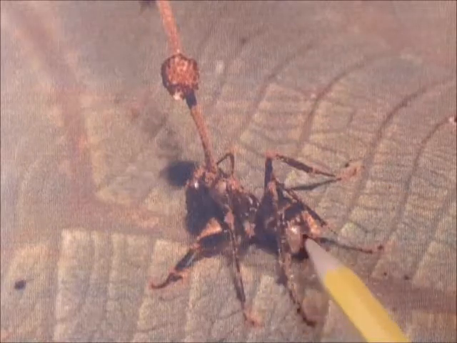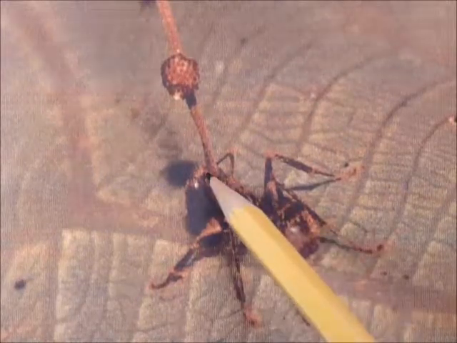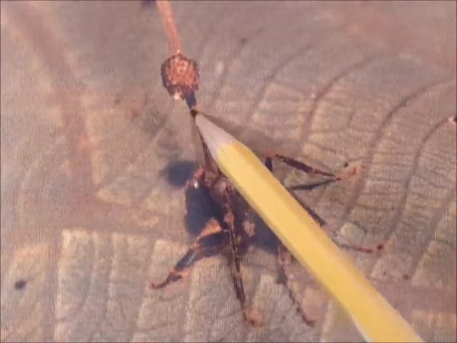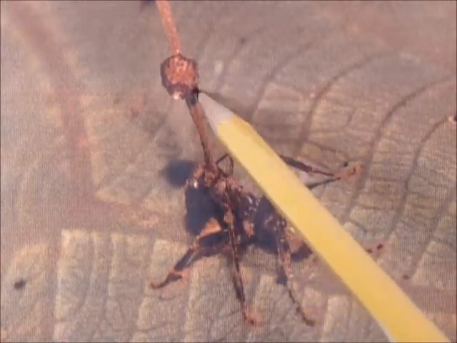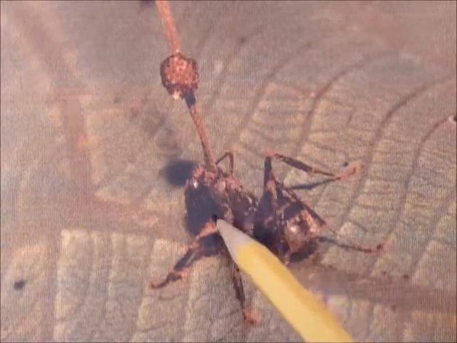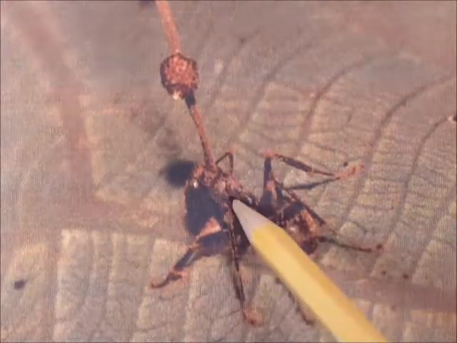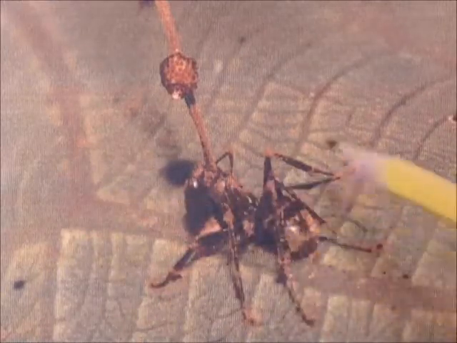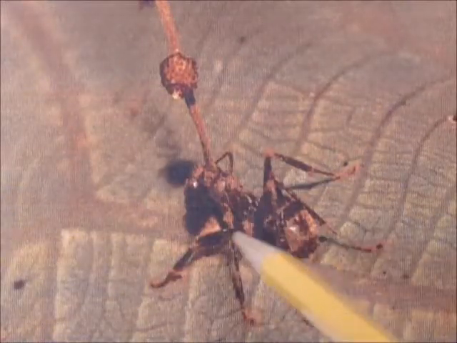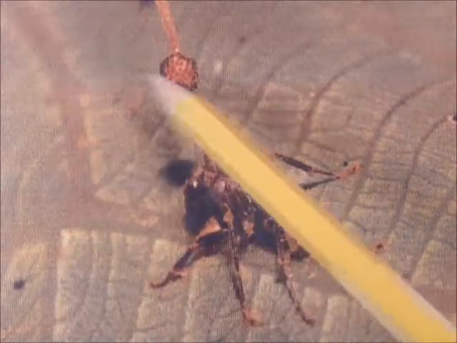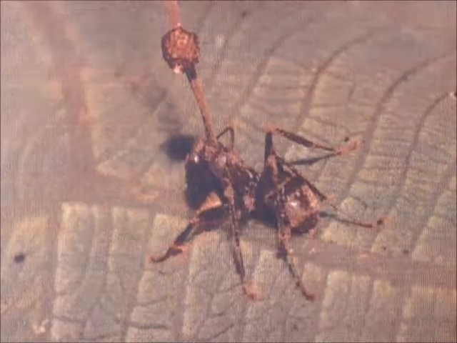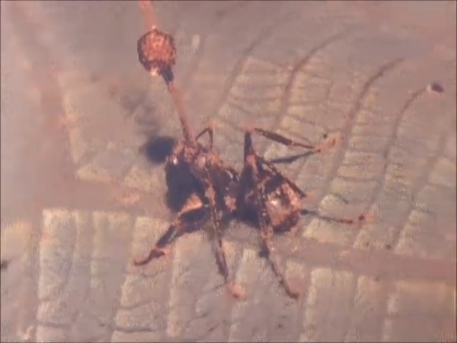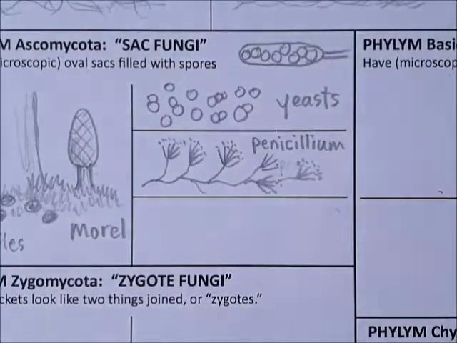And then the fungus, the mycelium, grows inside the body, and then it's ready to reproduce, and it puts this fruiting body right straight up out of the head. It's not a mushroom, but the fungus takes over the brain, and it causes the ant to run off the leaf and jump into water, or something, where it helps the spores get released to reproduce. So it seems to take over the ant's brain and turn it into a zombie. So that's the famous zombie fungus, and it's a type of cordyceps.